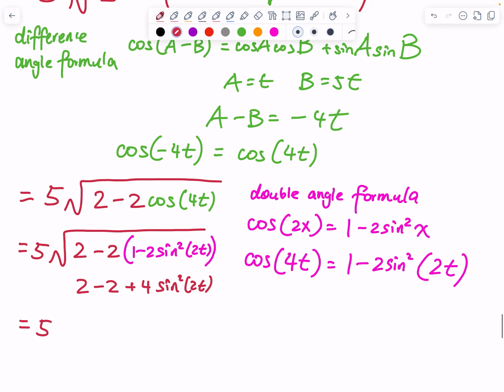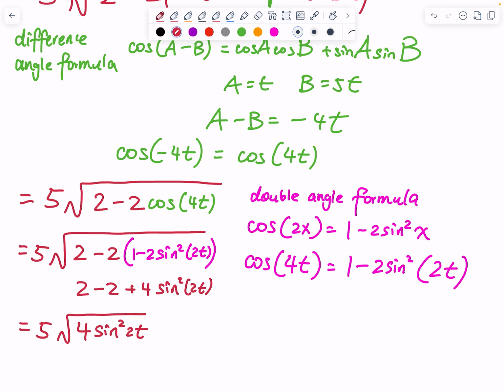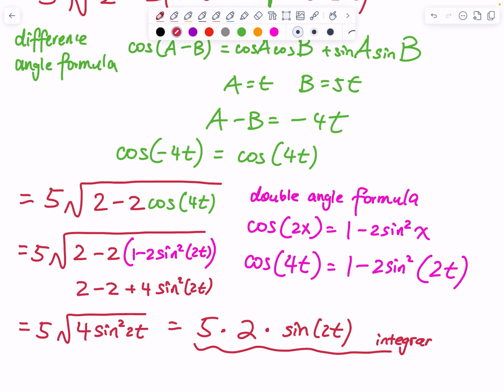Then you have 5 square root of 4 sine square 2t. Take the square root of that, and then you have 5 times square root of 4. Square root of square is sine 2t. And then this is the integrand. This is only the integrand.